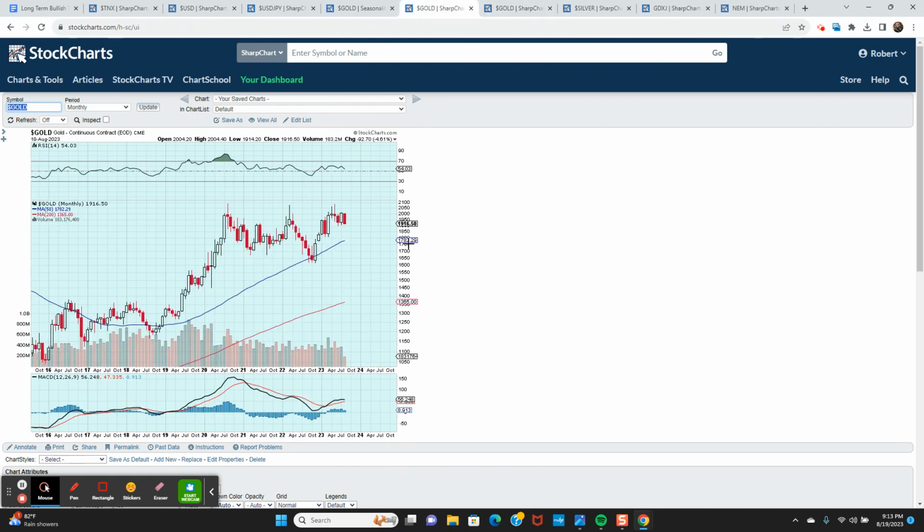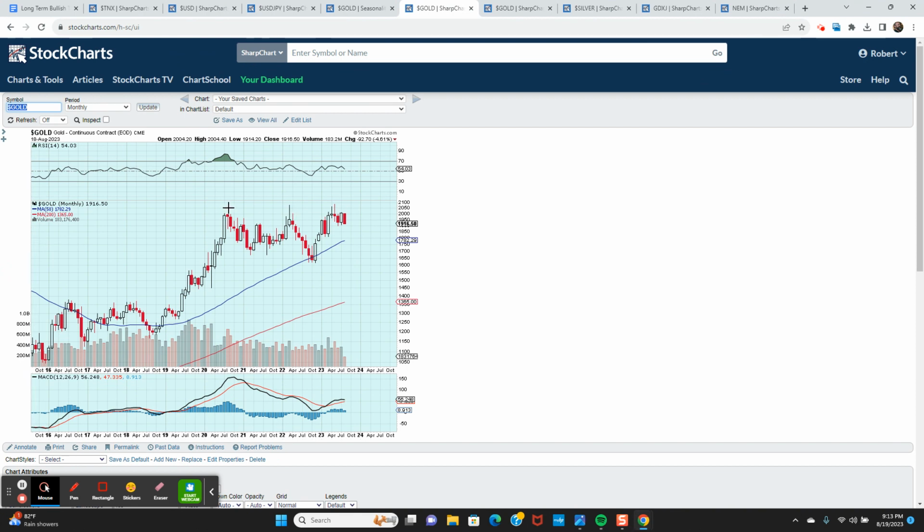Now, going out to the monthly chart, something that was talked about the last few months is the potential for a triple top. And clearly there is potential for it because price rejected above $2,000 three times in the last 3 years.